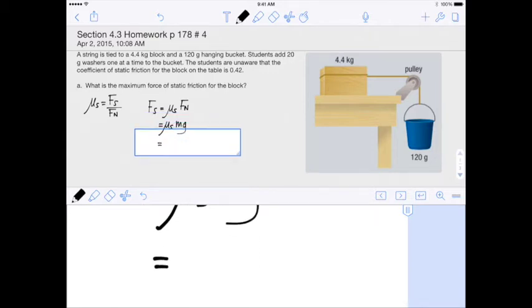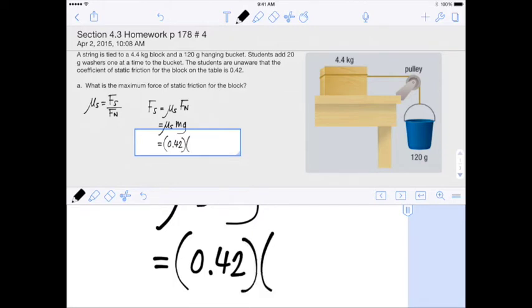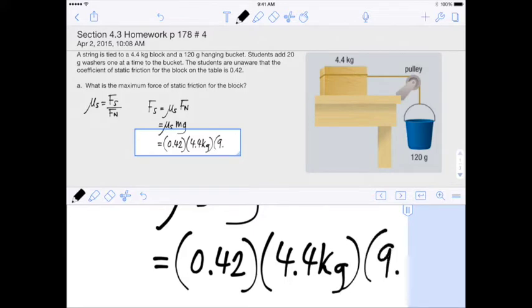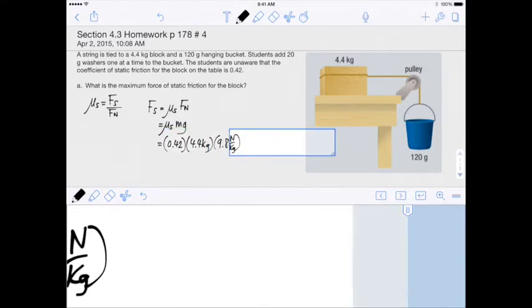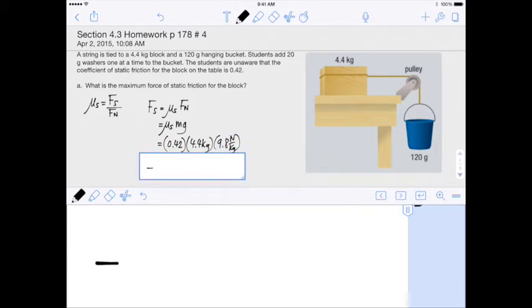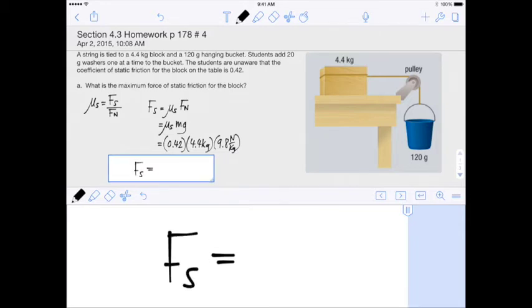So we can determine the maximum force of static friction by plugging in the coefficient of 0.42 times a mass of 4.4 kilograms and multiplying this by 9.8 newtons per kilogram. If you punch this into your calculator to two significant digits, you get a force of static friction of 18 newtons.